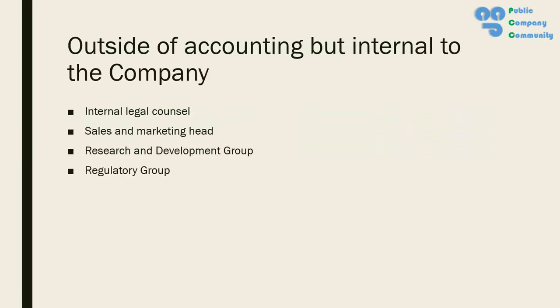Now, outside of the accounting department, there are certain sections, typically in the MD&A and the risk factors sections, that will need to be updated by individuals outside of the accounting department. These include legal footnotes about ongoing lawsuits, technical sections about research and development projects, maybe information about competitors, information about patents and copyrights, and other sections that are just outside of the expertise of the accounting department.